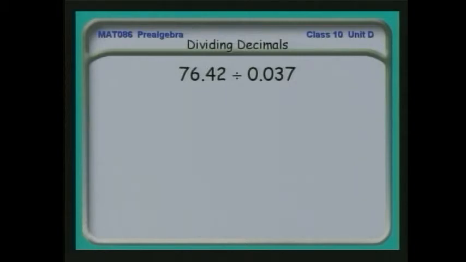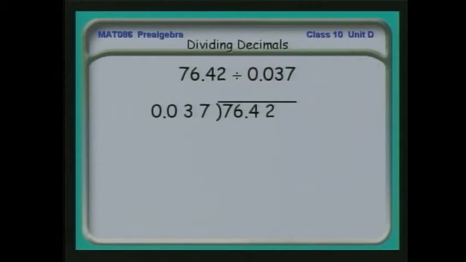Here's another common problem that you might run into dividing decimals. Here I'm dividing a decimal, 76.42, by another decimal, 0.037. We know the procedure for dividing decimals by whole numbers.